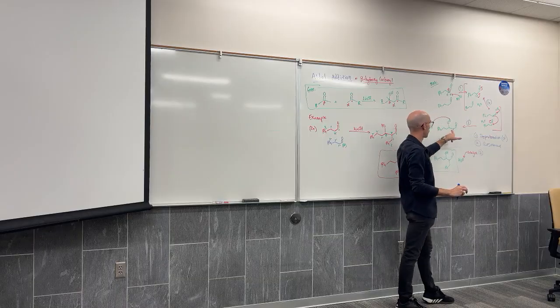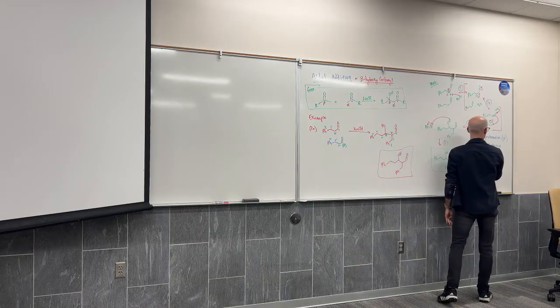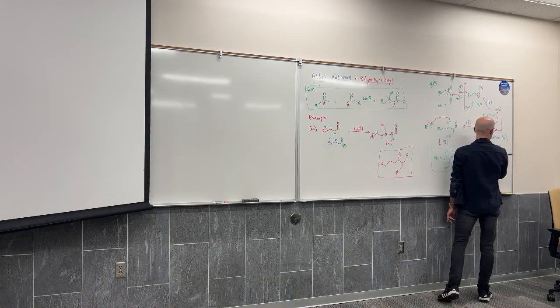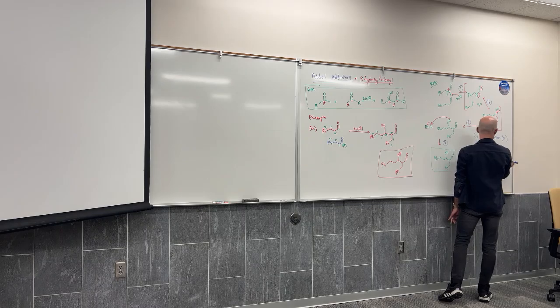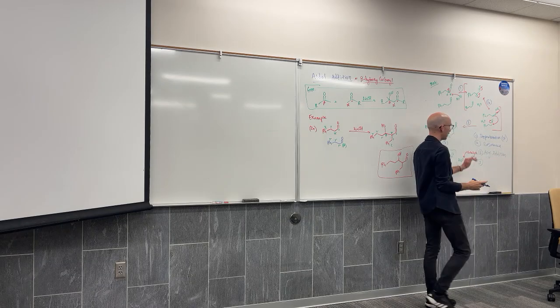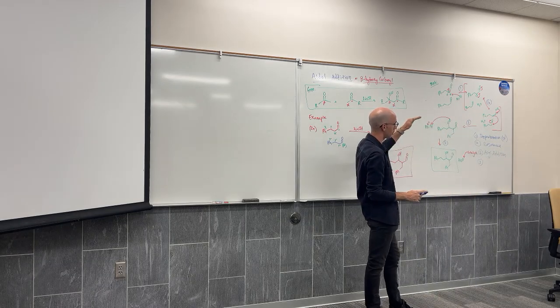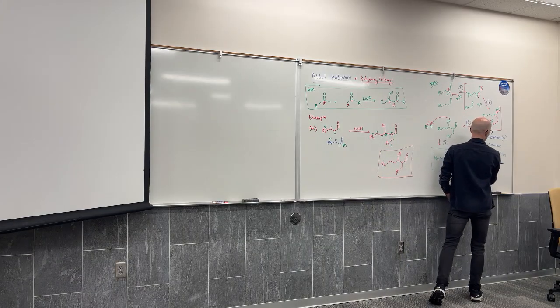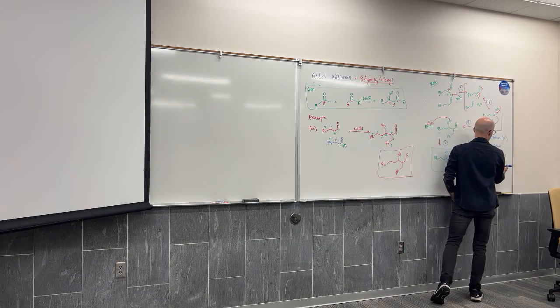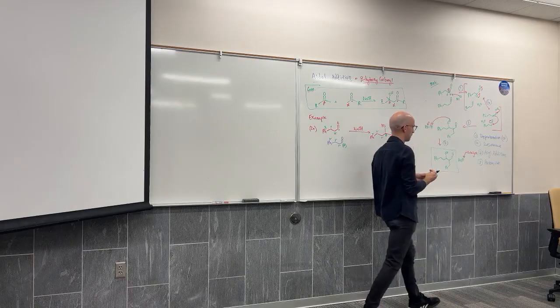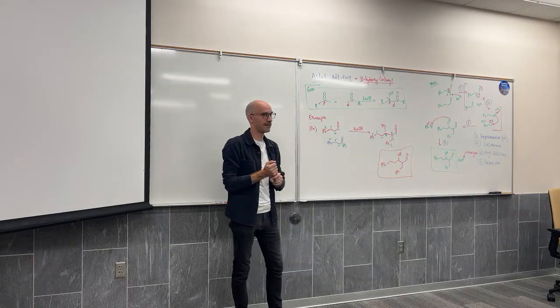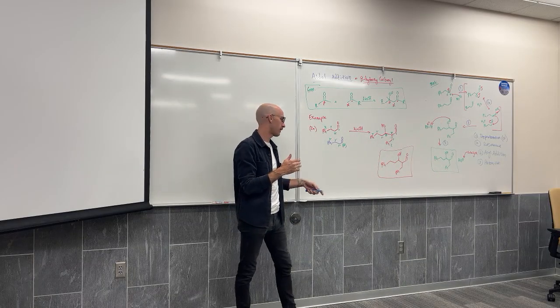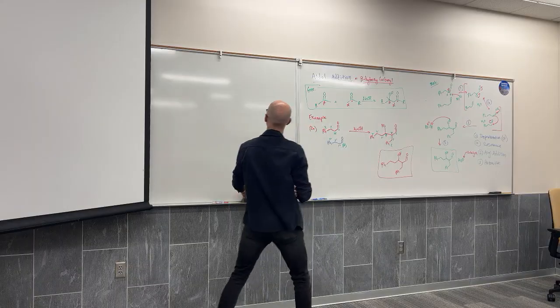Step 2 is where we have acyl addition. And then every time you've got a deprotonation, you should have a subsequent protonation, or vice versa. Pretty simple mechanism. It does get confusing because of how long the carbon chains are.